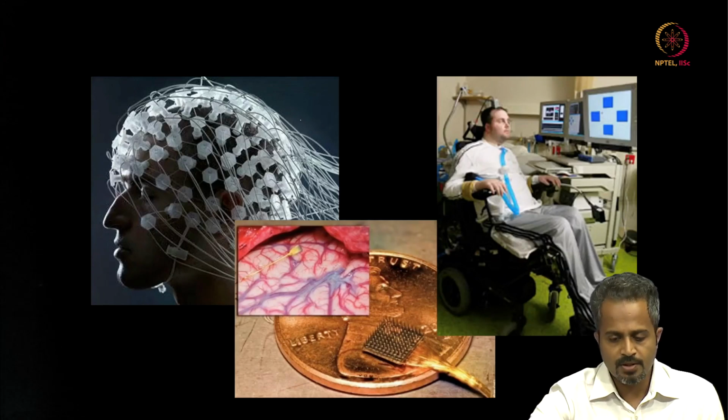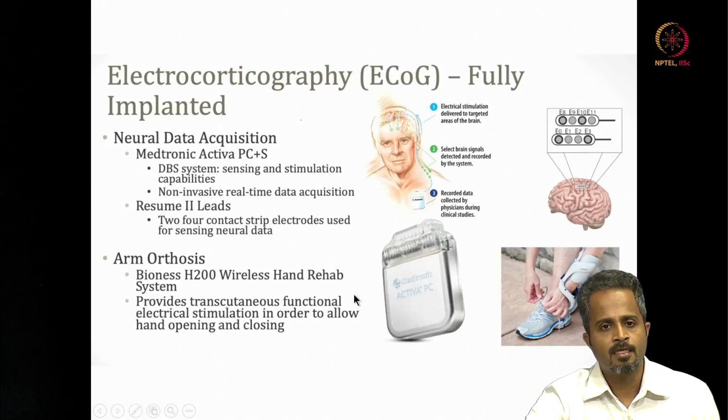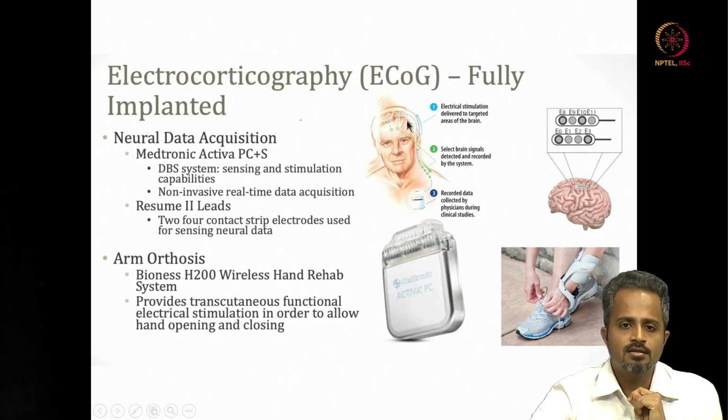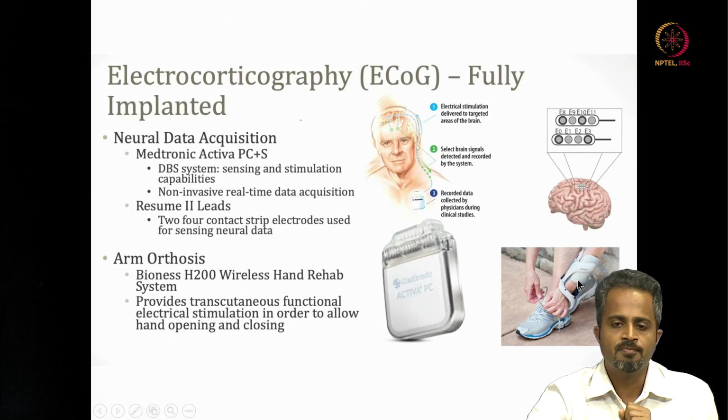Here is a patient who has been implanted with a surface electrode in the brain, where the motor signals are gathered, using a deep brain stimulation setup with a recording facility from the implanted surface electrode. Those signals are decoded and fed back into the paralyzed arm through a functional electrical stimulator, which stimulates the muscle to bring out action in his hand.